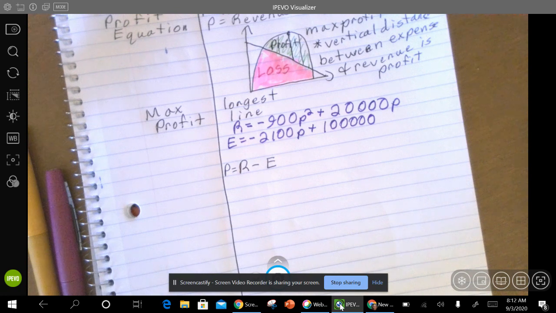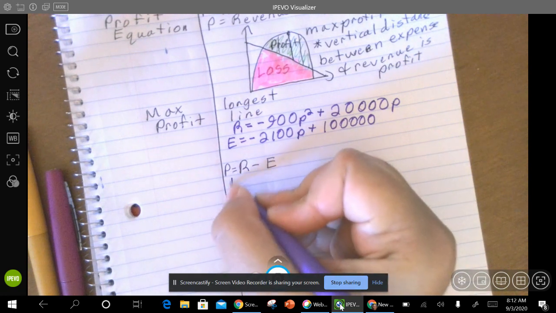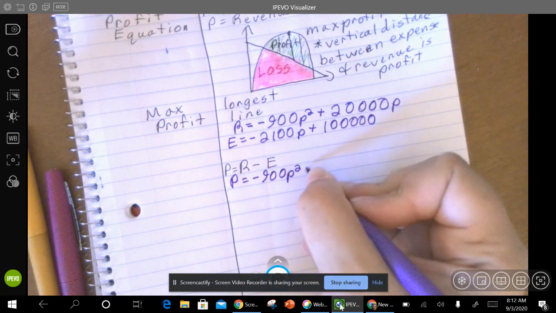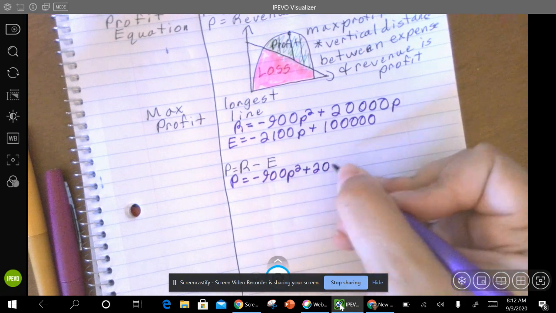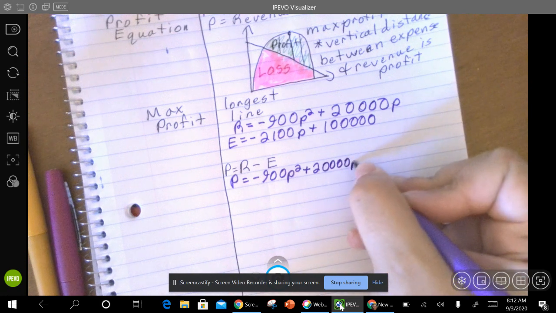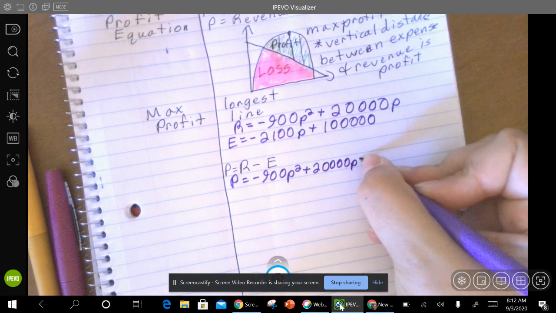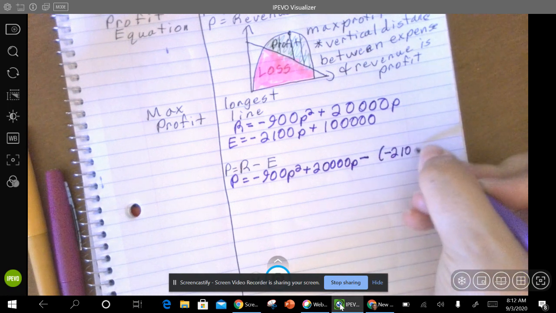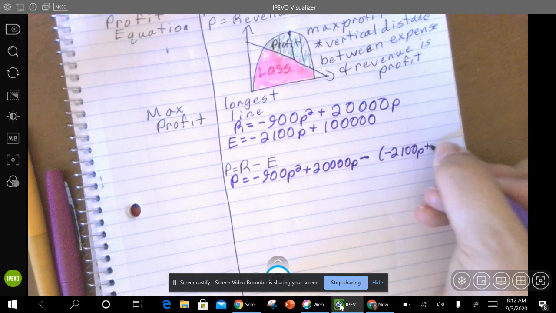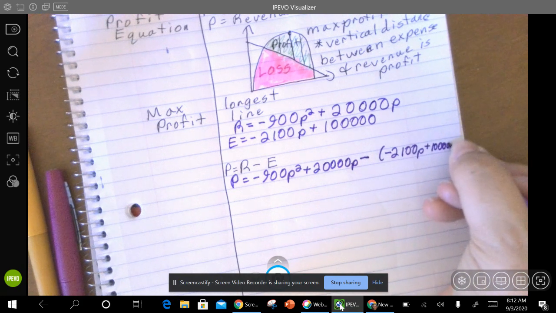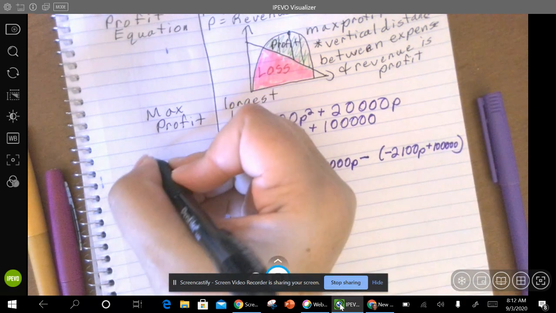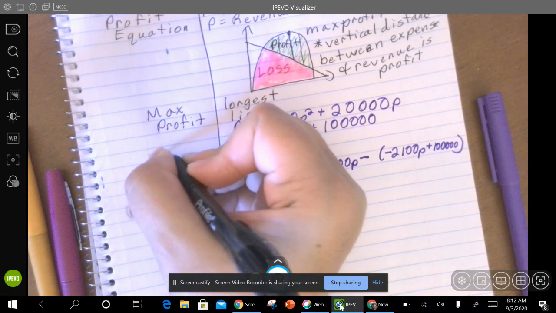So I'm going to go profit is equal to negative 900 P squared plus 20,000 P minus our expense equation. So we substitute that all in. Remember we'll redistribute the negative.